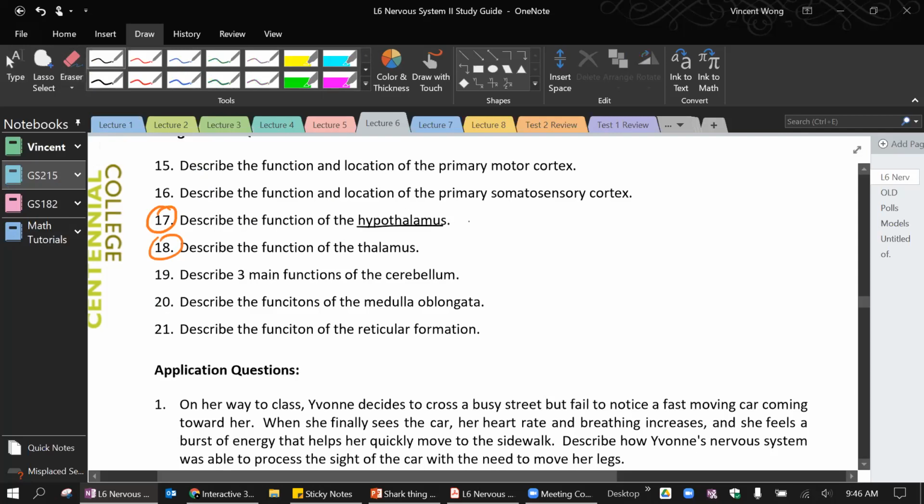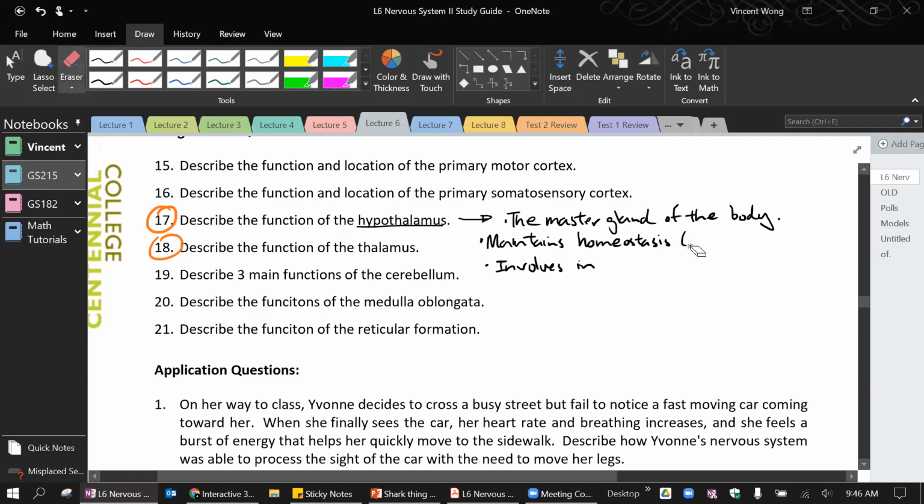Describe the function of the hypothalamus. Okay, so the hypothalamus is called the master gland of the body. It is responsible for, I'm just going to do it in point form now, maintaining homeostasis.